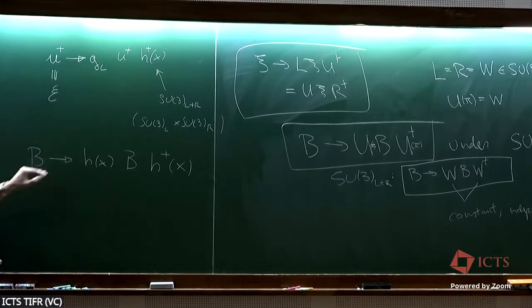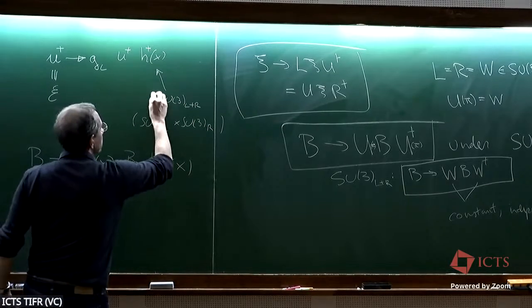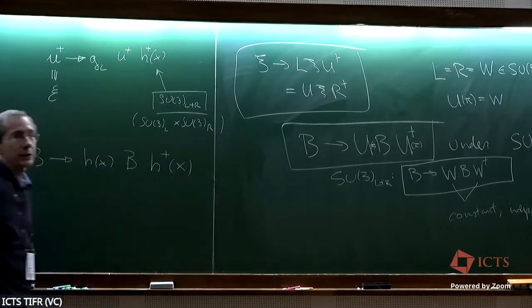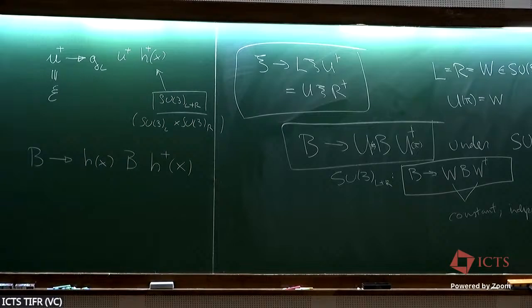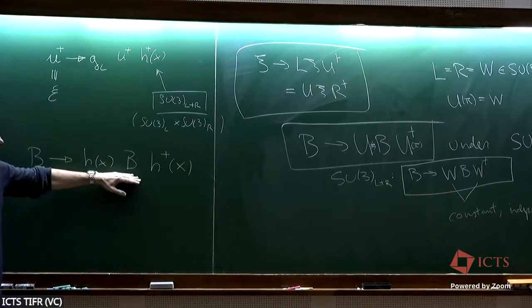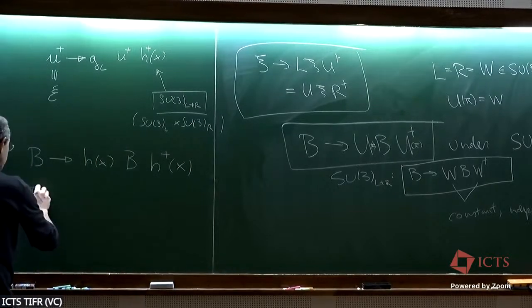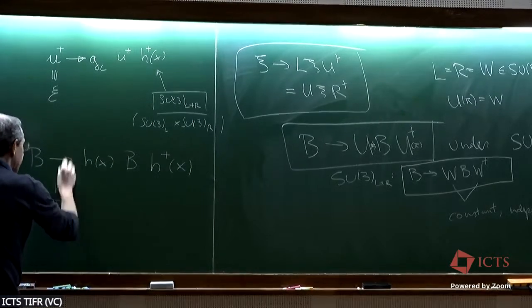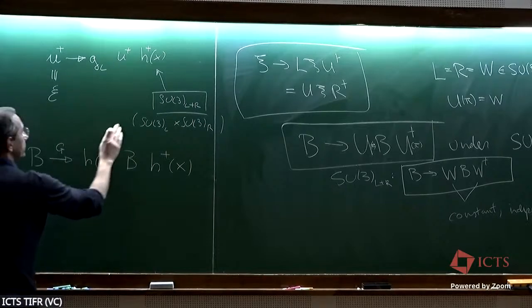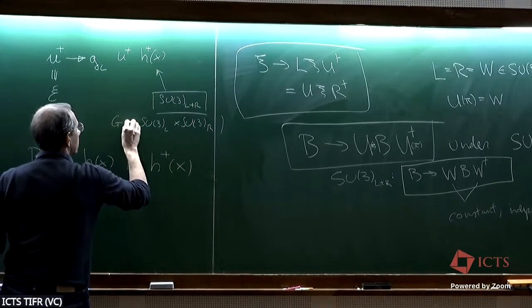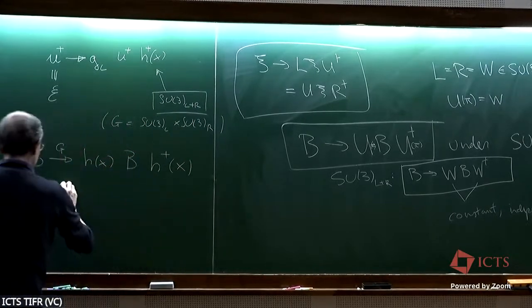This is a good symmetry of nature, so it has to have a well-defined transformation property under this, and this is the transformation under G. And this is the transformation under h.